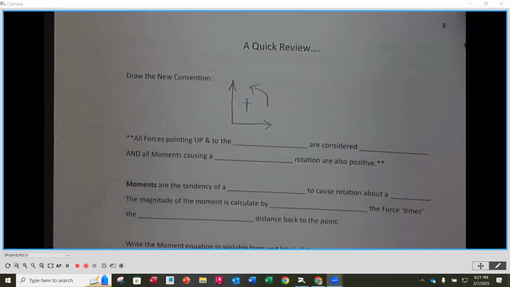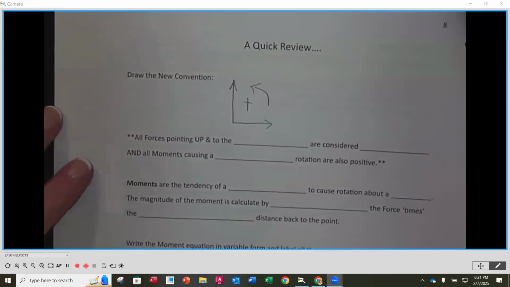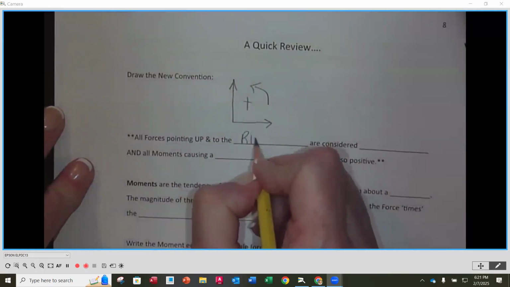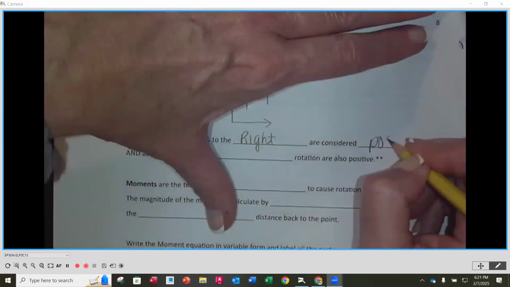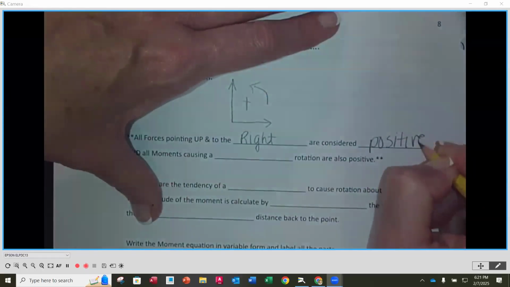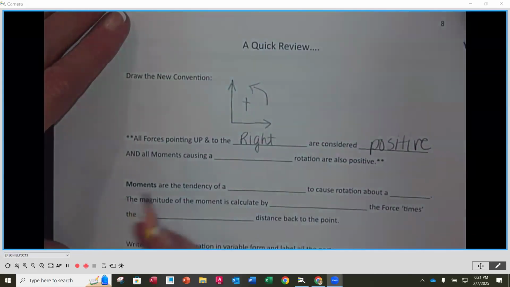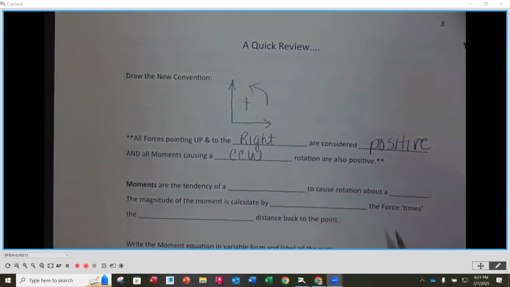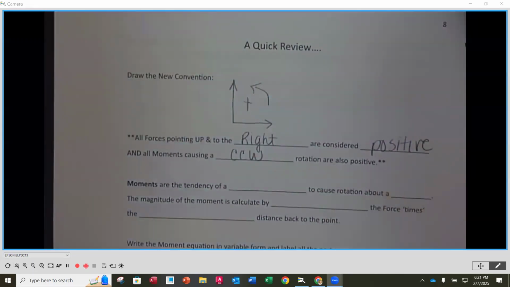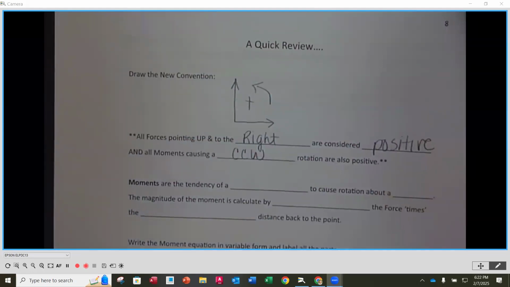The next part here: all forces pointing up and to the right are considered positive. And all moments causing a counterclockwise rotation are also positive. And that's what we get from the convention that we see above.